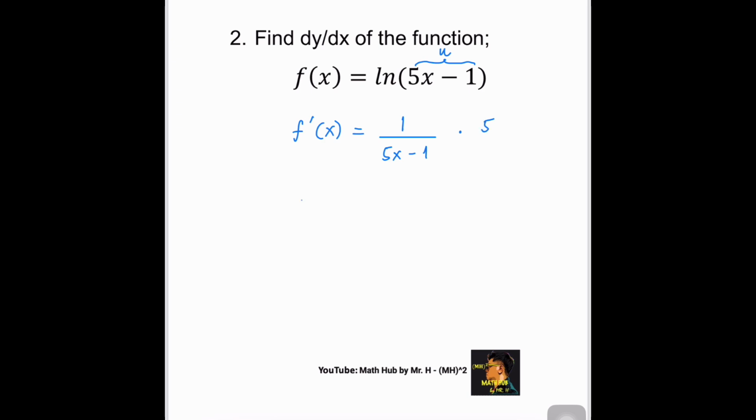And the final answer will be f prime of x equal to 5 times 1 is 5, divided by 5x minus 1. And that is the final answer.